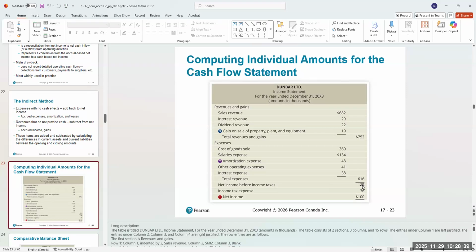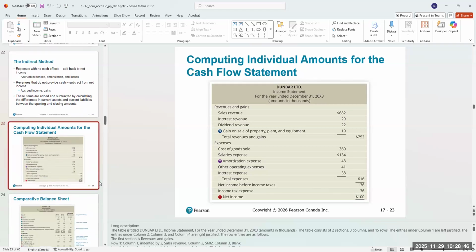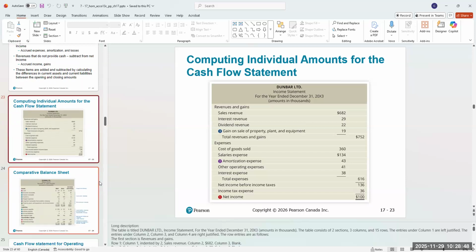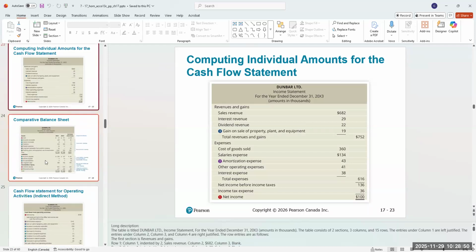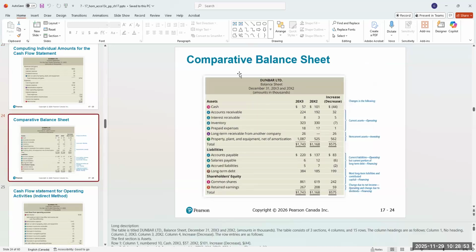Net income before taxes is that much, and we have the income tax expense of 36. Net income is 100. Now the question is, then we have this balance sheet.